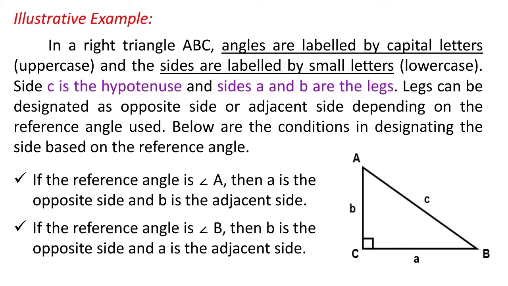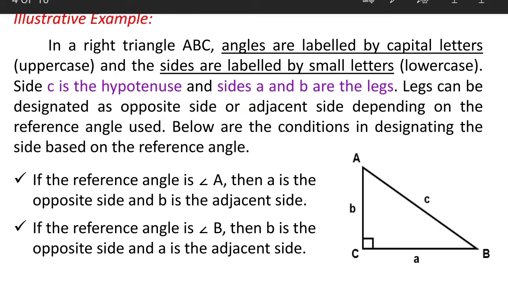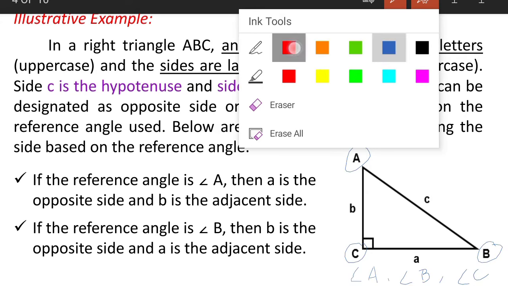In a right triangle ABC, angles are labeled by capital letters or uppercase. In this figure, the angles are angle A, angle B, and angle C. The sides are labeled by small letters.